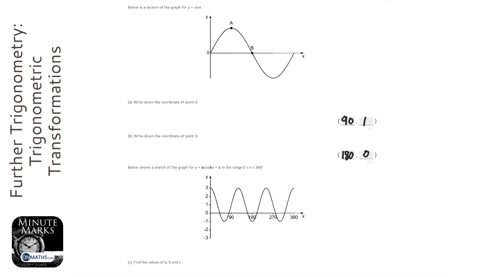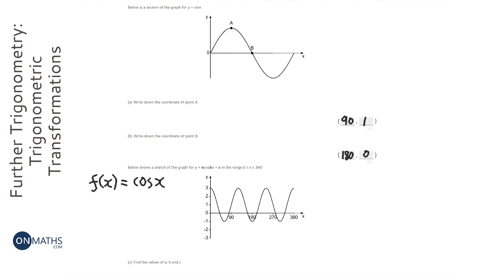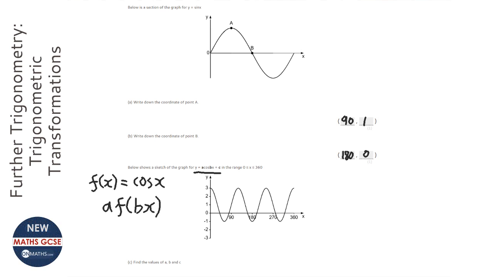Now this second one is much harder. If you imagine there's a different graph of f of x equals just cos x, what's happened with this equation here? Well, we have x times by b inside the function, and then we've times the function by a, and then we've added c on the end.